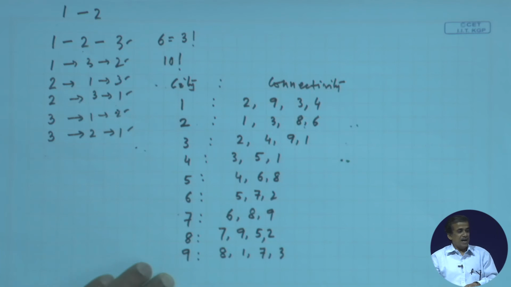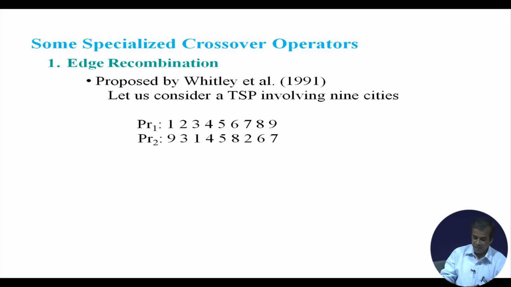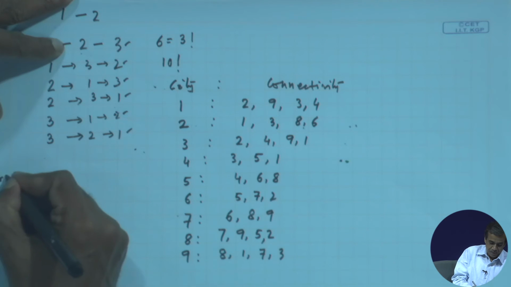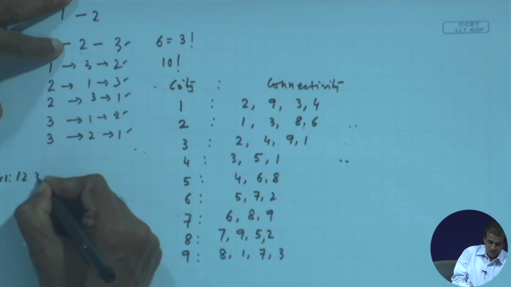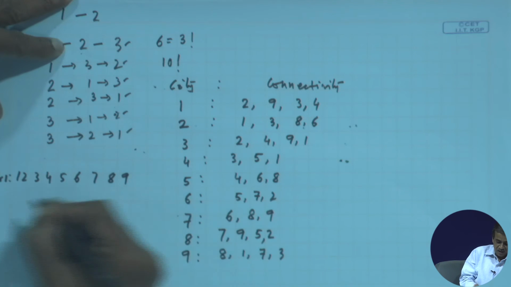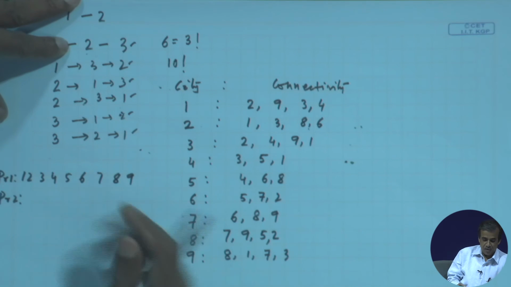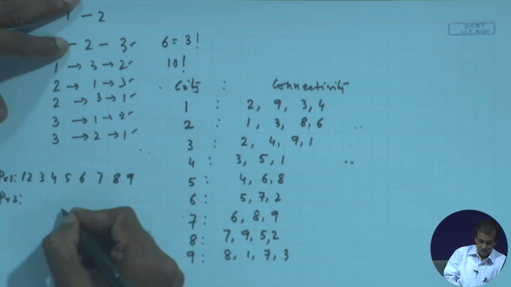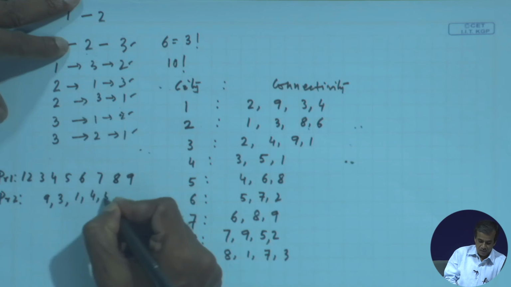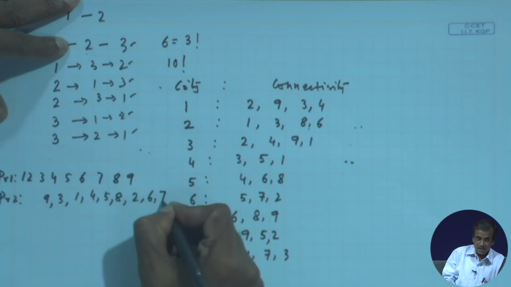Okay. Now I will have to find out the child 1 and child 2. Let me write down parent 1 and parent 2 here. Parent 1 is 1, 2, 3, 4, 5, 6, 7, 8, 9 and parent 2 is 9, 3, 1, 4, 5, 8, 2, 6, 7.